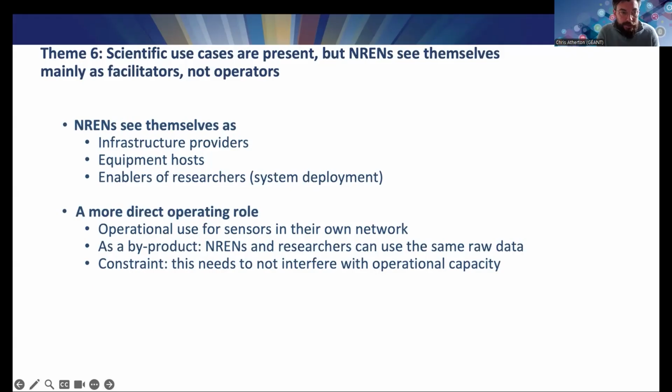But the NRENs generally, when we spoke to these 4, saw themselves more as the infrastructure providers, the hosts for the equipment, and the enablers of the research, so that it helps with the deployment of the interrogators.